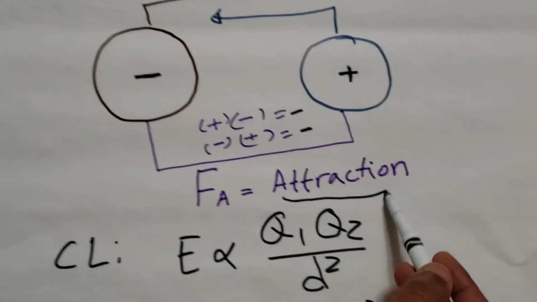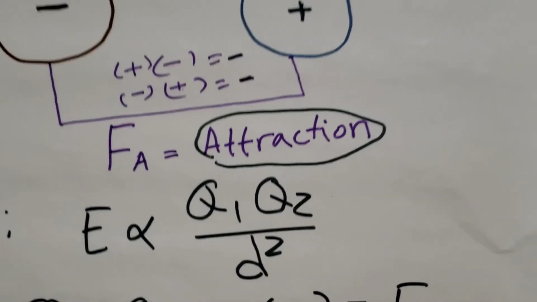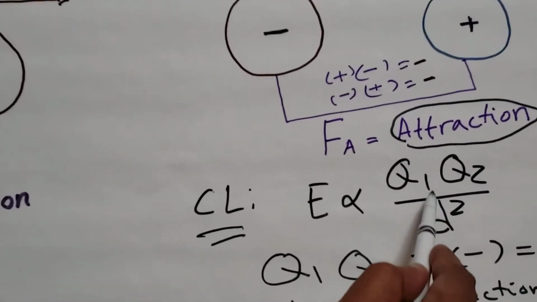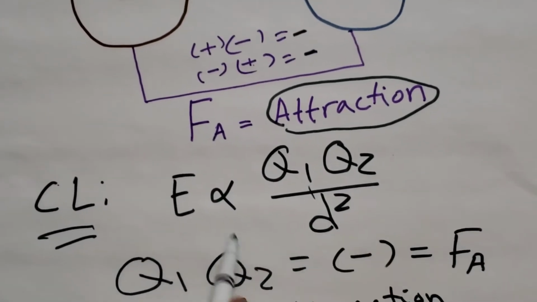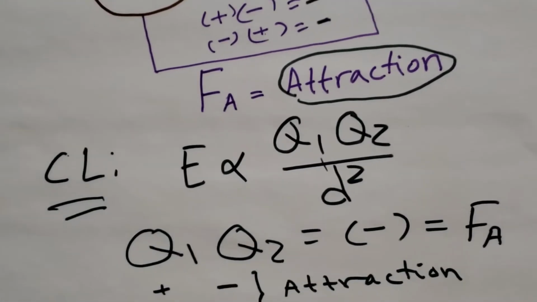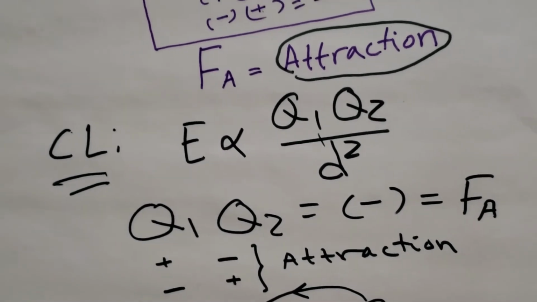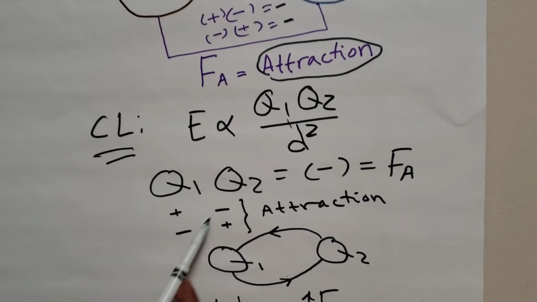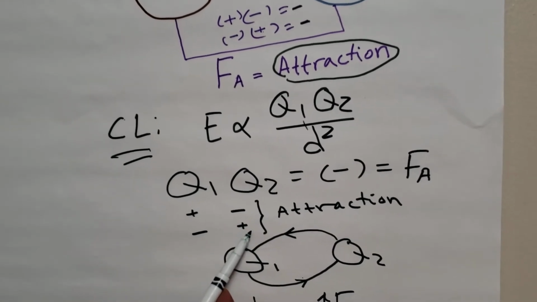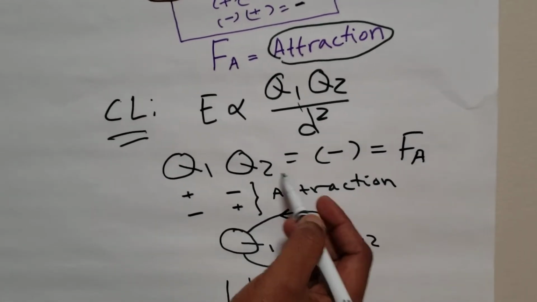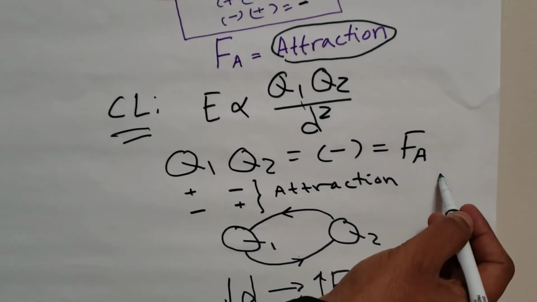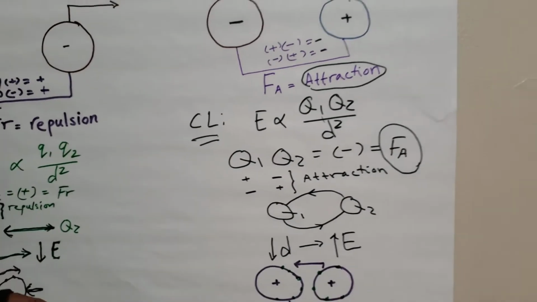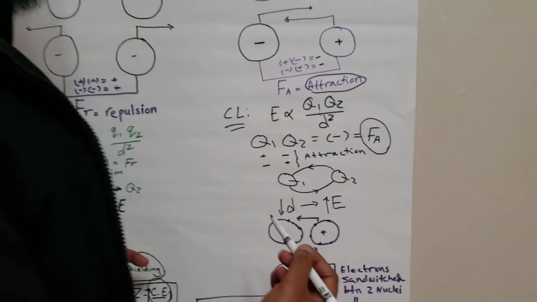Now go back to Coulomb's law. E is proportional to Q1 Q2 divided by D squared. Here Q1 Q2 is negative, because one is positive and the other is negative, so their product is minus. This minus means the attractive forces are working between them.